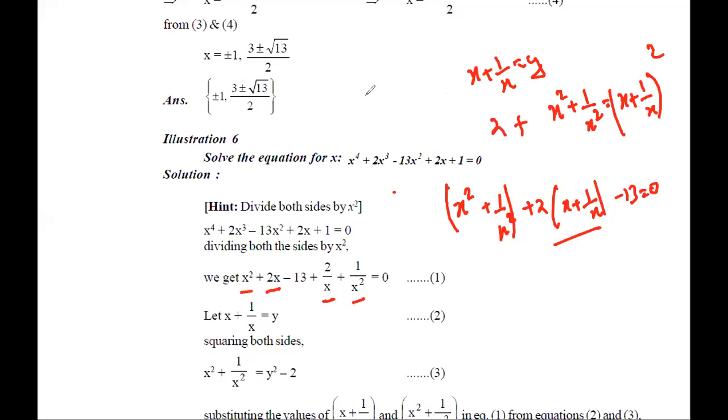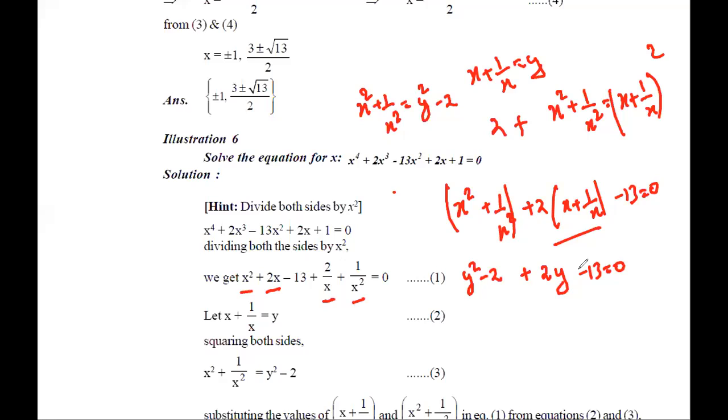So I can say x squared plus 1 by x squared is equal to, now this is y, so y squared, this will go that side, minus 2. Yes or no? So this will become y squared minus 2 plus 2y minus 13 is equal to 0.